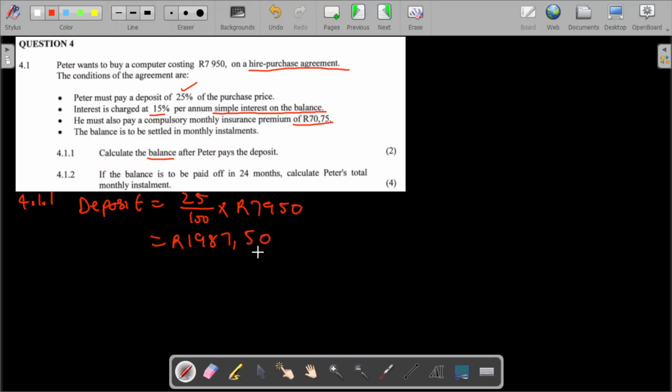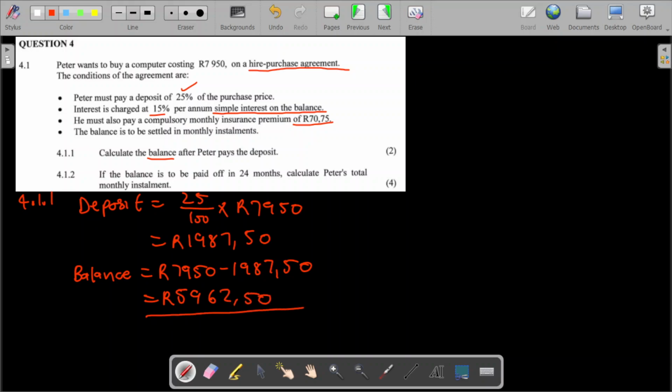Remember, this is the deposit. Now we take the money minus the deposit to get the balance: 7950 minus 1987.50, and the balance here will be 5962.50. So this is the balance that Peter will have after paying the deposit.